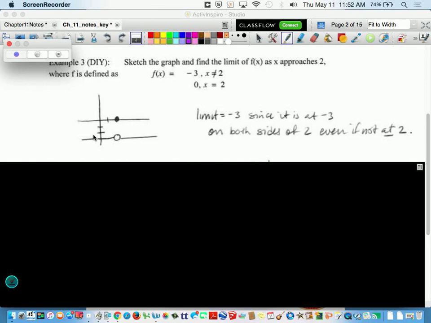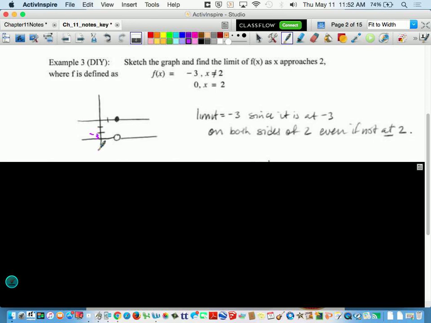So remember, this is negative 3 down here as an output. So if I pick the limit as x approaches 2, you're going to pick things that are 1.9 and 2.1 and 1.99 and 2.01.